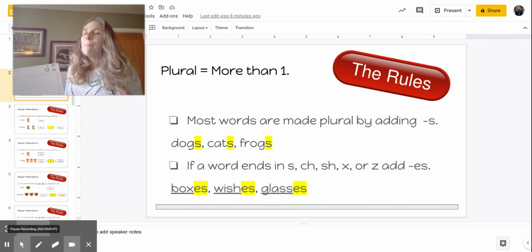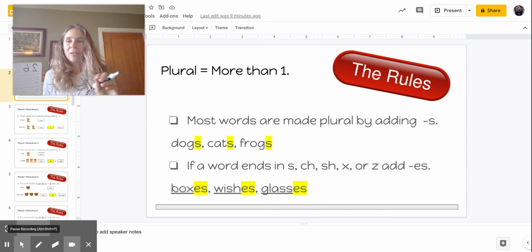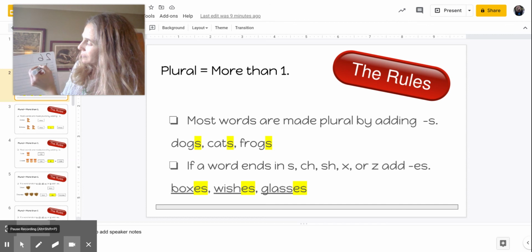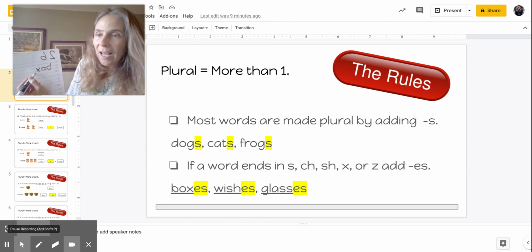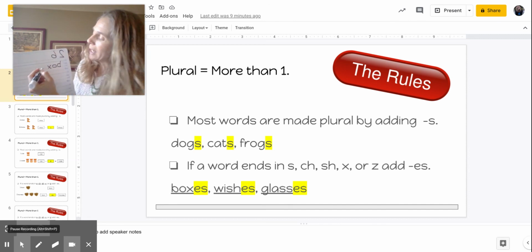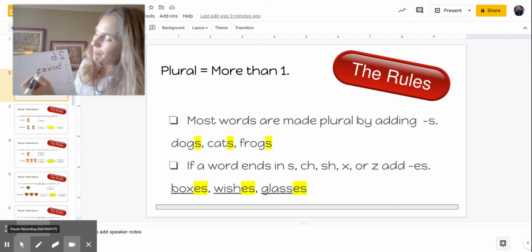What we're going to do under that section, if you have your student notebook, is we're going to write the word boxes. So let's say the base word box. Box. Tap it out. Box. Box. Now write box. And I see my word ends with an X. So if I'm following my rule, I need to add an ES to make it plural.